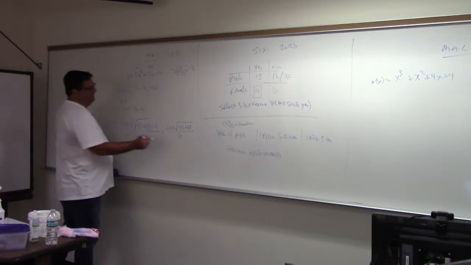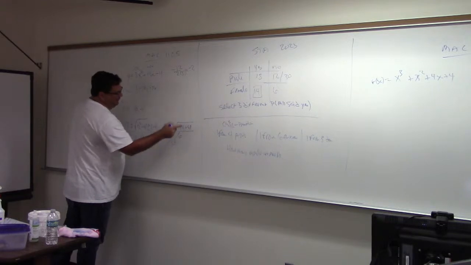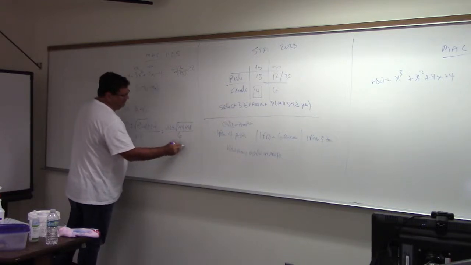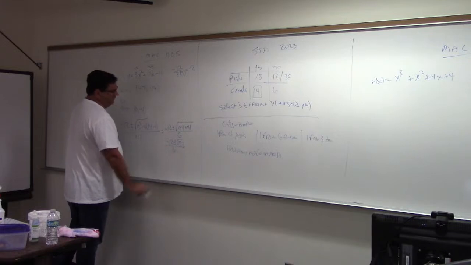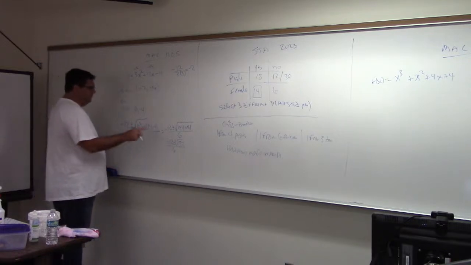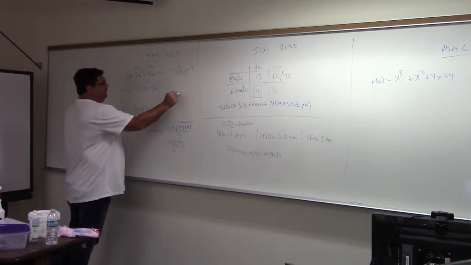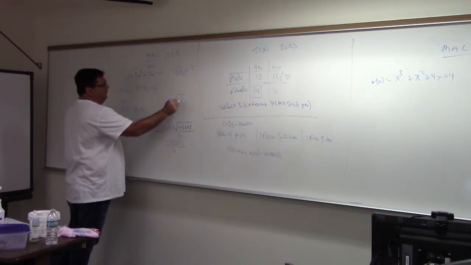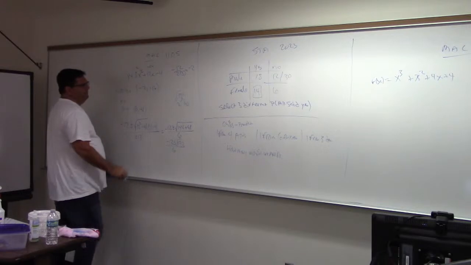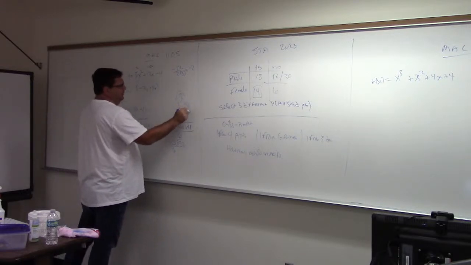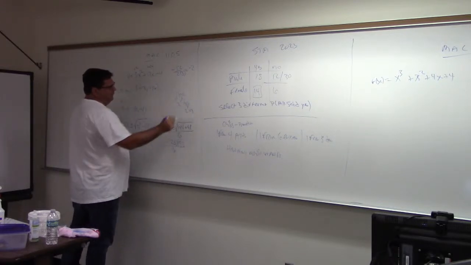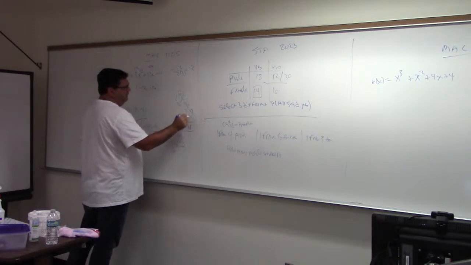Negative 12 plus or minus the square root of 192, over 6. Got to break down the square root of 192. That's 2 times 96. 96 is 2 times 48. 48 is 16 times 3.